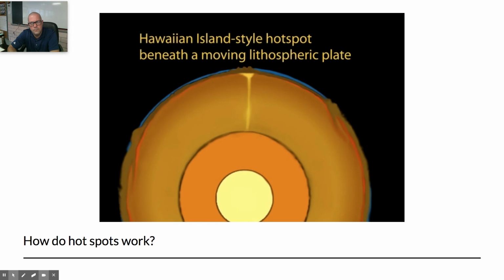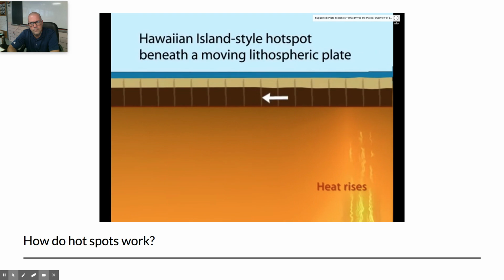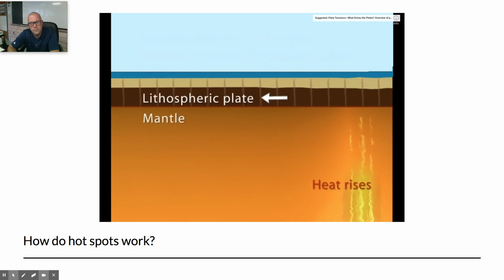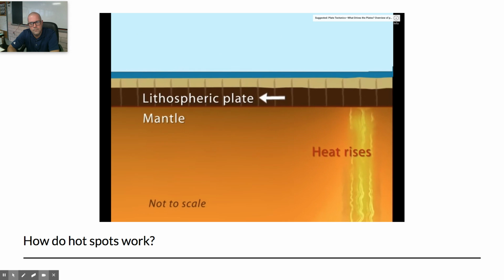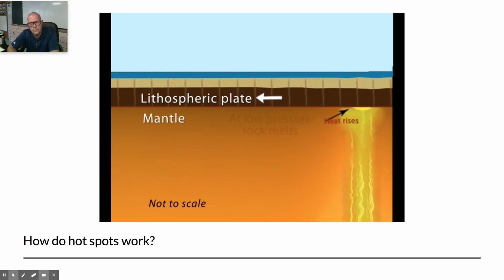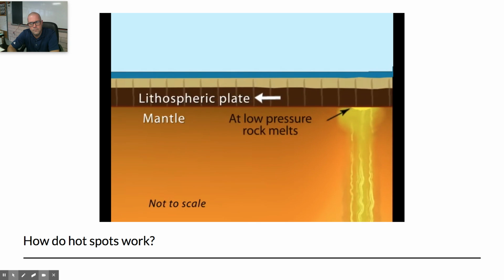Let's zoom in to look at the onset of hotspot volcanism beneath a moving plate. As each pocket of melt stalls, its heat is transferred to adjacent rock. This transfer continues to the base of the tectonic plate, where decreased pressure facilitates rock melting.